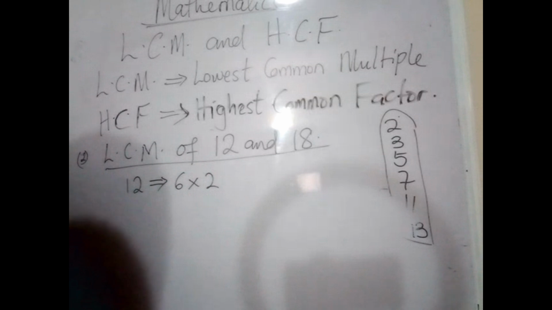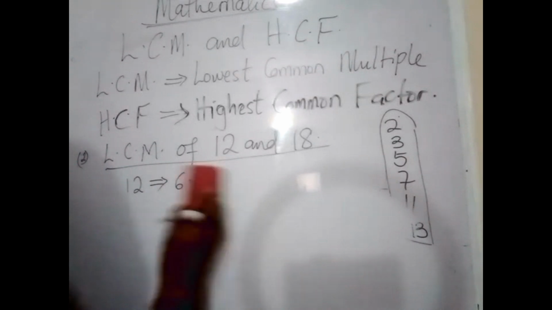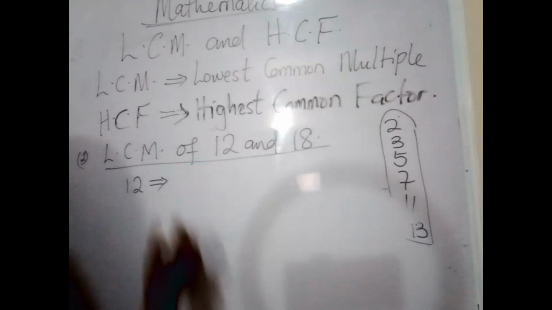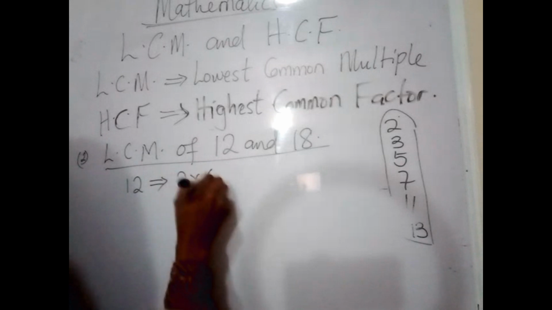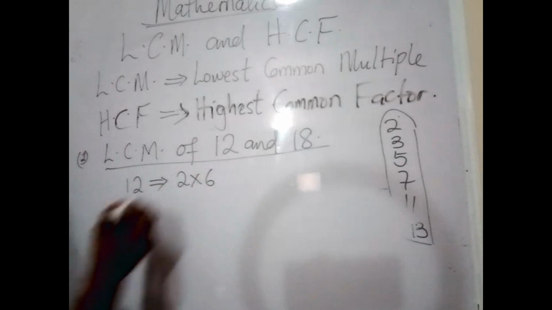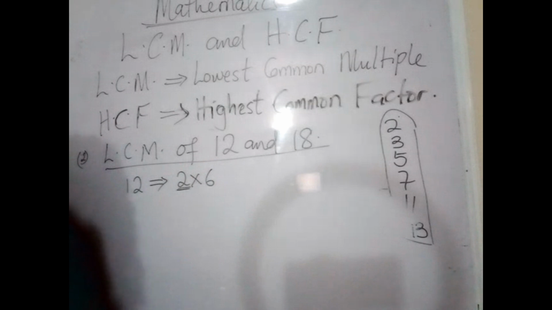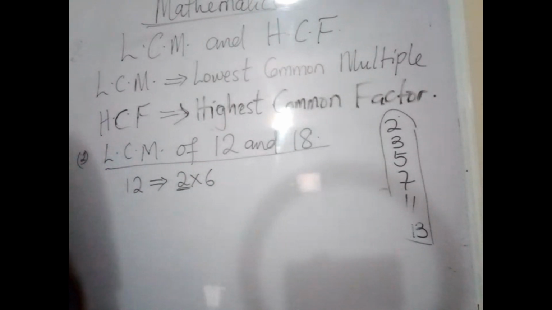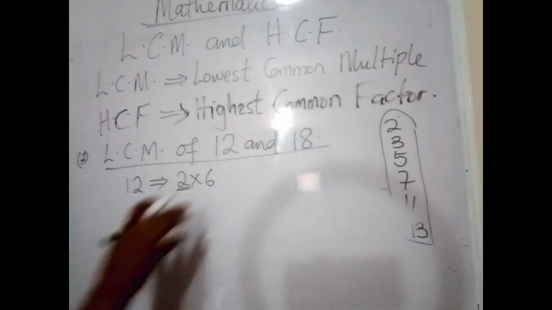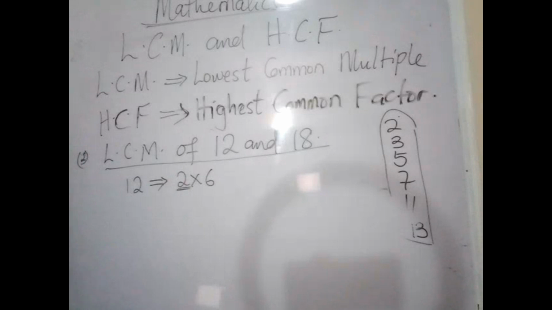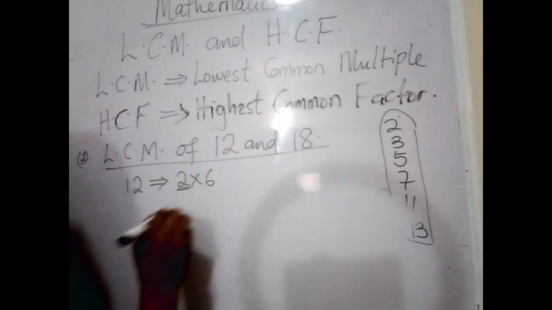Or we can do 2 times 6. Now we know 2 is a prime number, so we can't break 2 down further. No other number can divide it except itself and 1. But 6 is not a prime number because we know there are 2 other numbers that can divide 6 apart from itself and 1. So let's try to break 6 down further.